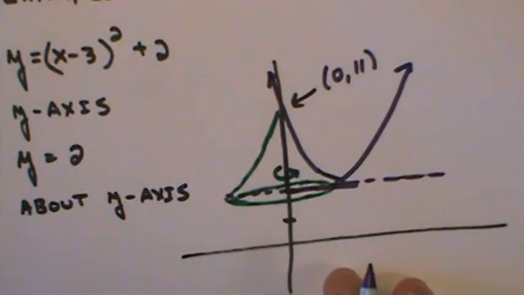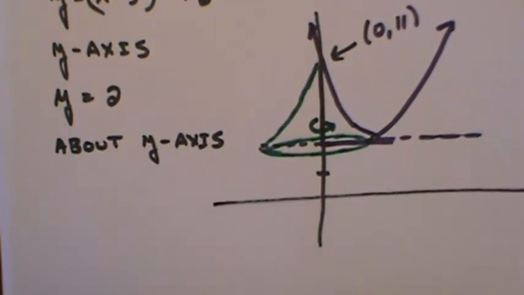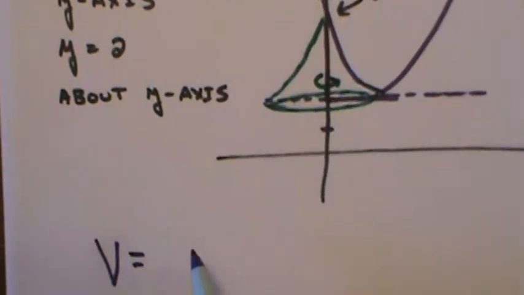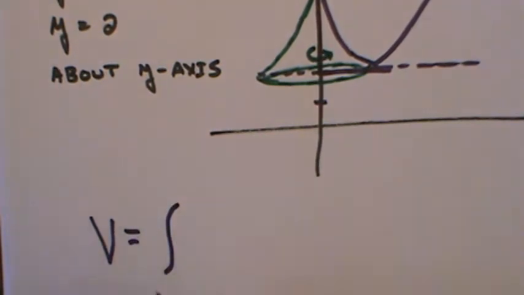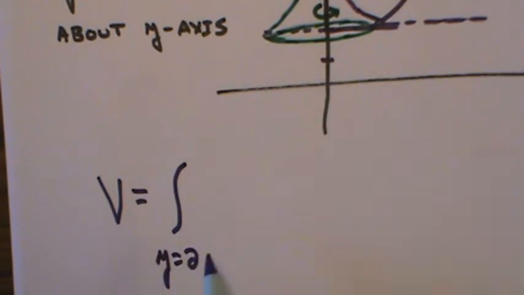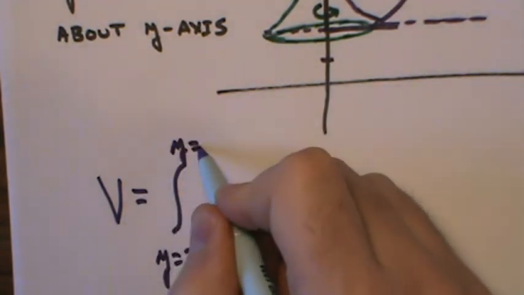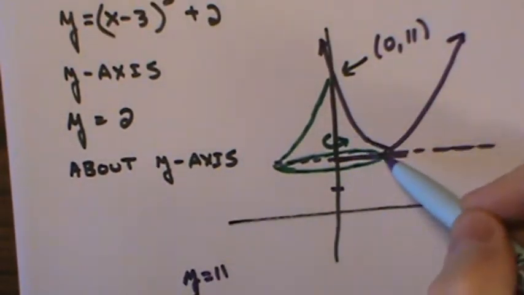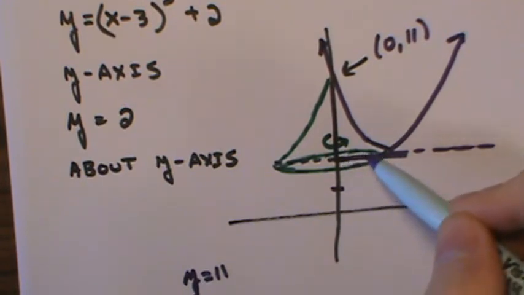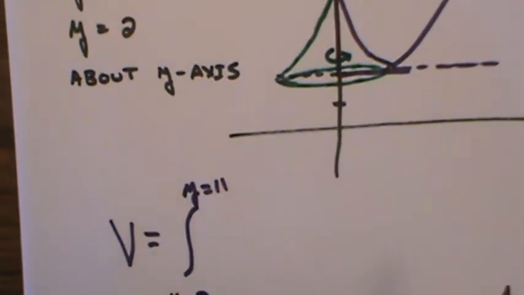And since that's (0, 11), it allows me to start to find my volume by saying, let's do an integral from y equals 2, that's the lowest value, all the way up to y equals 11, the highest value in this region. So y equals 2 to y equals 11.